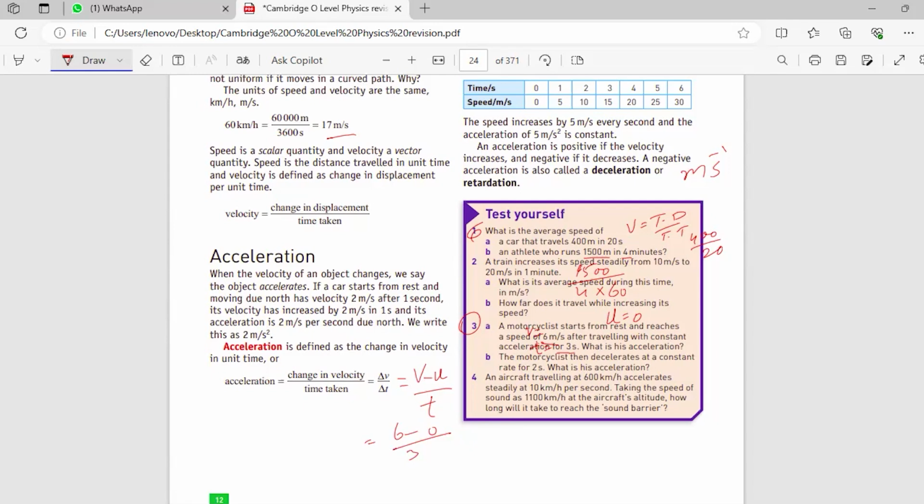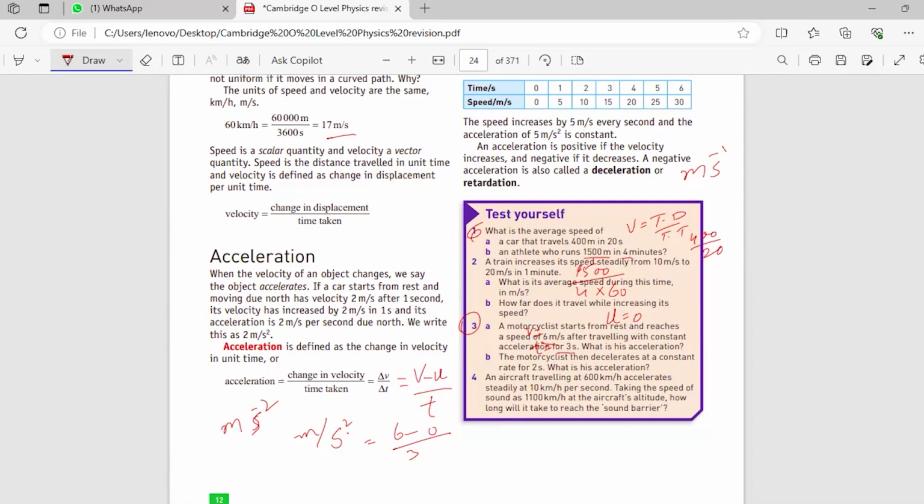The units for acceleration are meter per second square, like this, or you can write it like this. If you use the slash, you will not write the -2. If you are going to write this format, then you will write ms^-2. We read it as meter per second square.